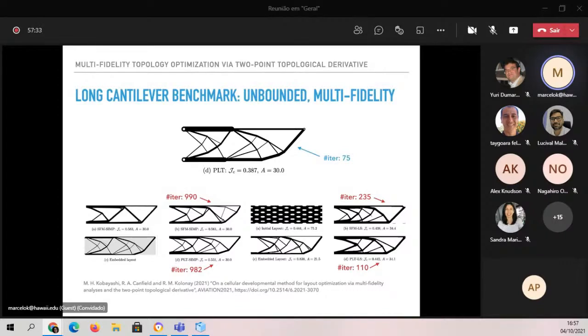So I have to project, well, actually I have to embed those initial solutions that I obtained with the lower fidelity into the higher fidelity model. And so this is what you see here, the embedded layouts first, and then what you get at the end. But you see that changing the initial conditions dramatically affects the performance of the solution, the efficiency of the method.